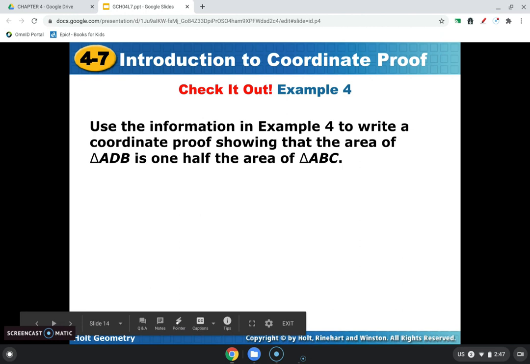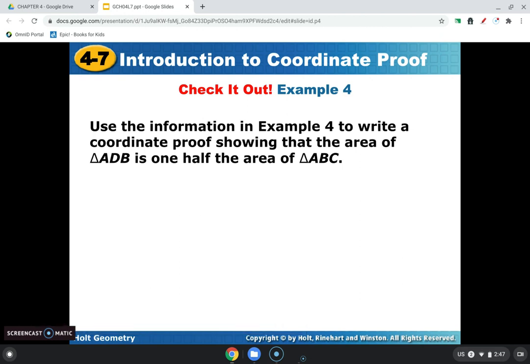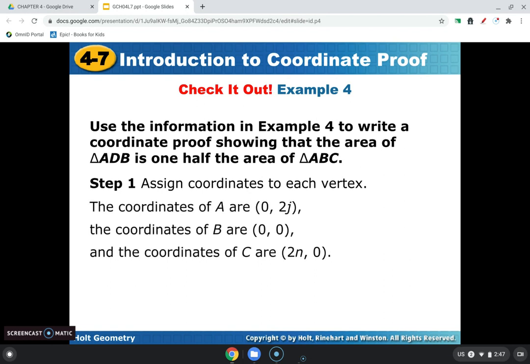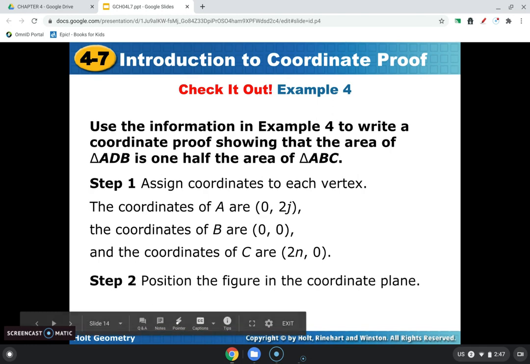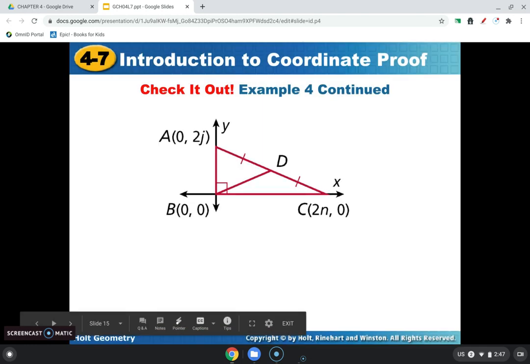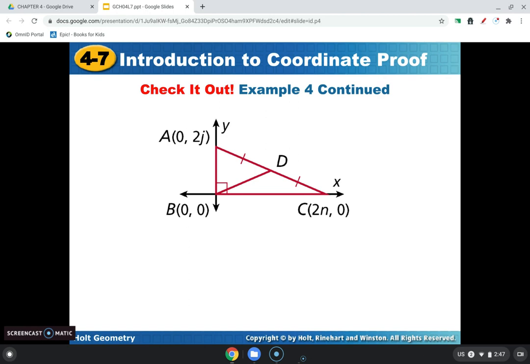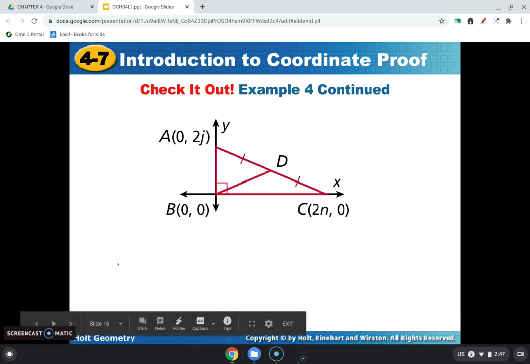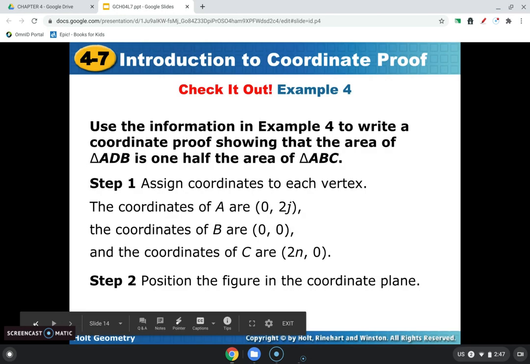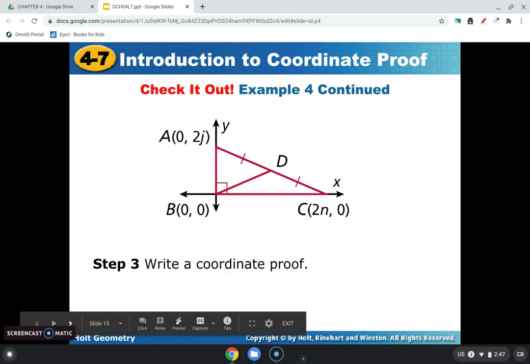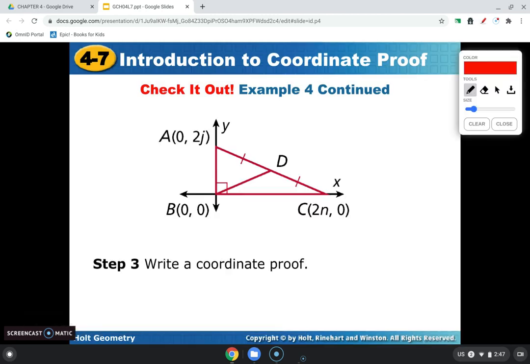Use the information in example 4 to write a coordinate proof showing that the area of ADB is 1/2 the area of ABC. So we've got those coordinates, and there's the graph. So we want to show that ADB is half the whole big triangle ABC.